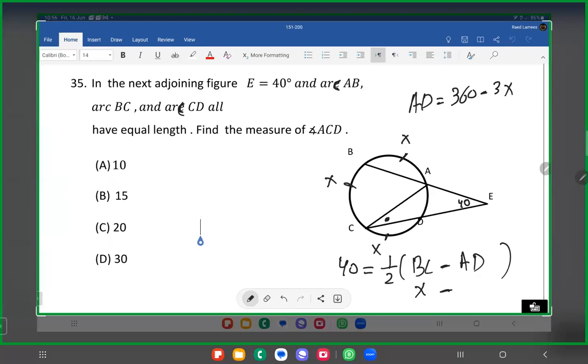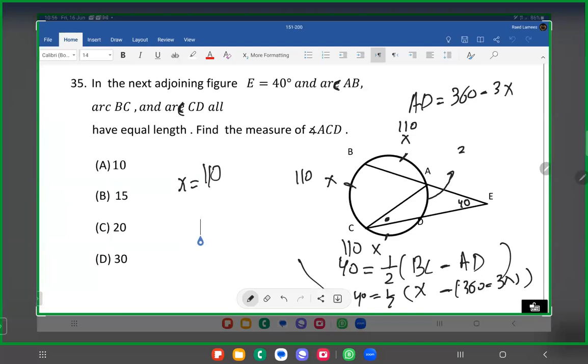So I'm going to replace AD with the bracket 360 minus 3x. Half and 40, shift solve: the value of x is equal to 110. So I have here 110, 110, 110. What's the value of this angle? That's going to be 30. What's the trick here?